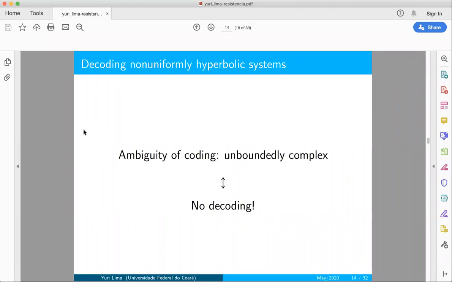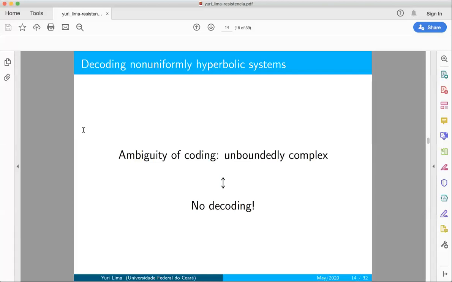And if you have an ambiguity of coding, this is telling you that the same sequence can represent many trajectories. And this means in some sense that you cannot have a good decoding. So whenever you have the situation, although you were able to construct a good coding, as long as you don't have a good decoding, your coding is not good, because what is the purpose of it?